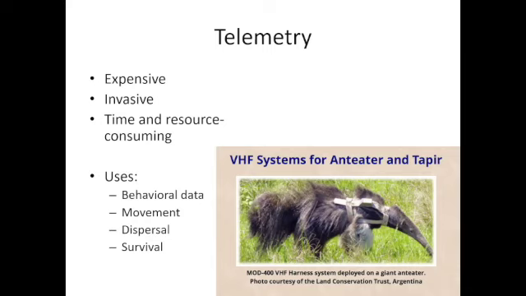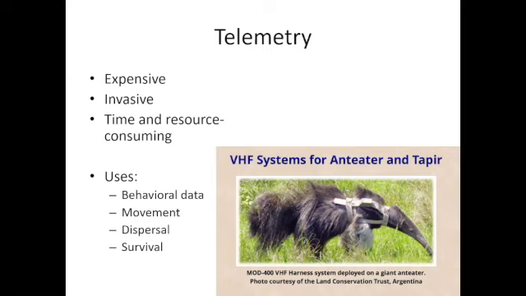sign surveys, because while you can accumulate for this anteater thousands, if not hundreds of thousands of data locations, you still are only having data from one individual. Whereas you can lay out these camera trap arrays in a proper study design and collect data on many, many individuals to look at habitat associations.